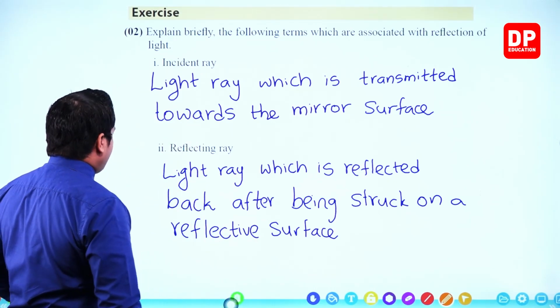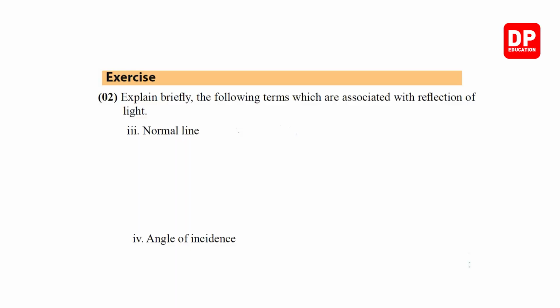Then my dear children, number 3, normal line. This is the perpendicular drawn to the surface of the mirror, or else perpendicular drawn to the reflective surface through the point of incidence.